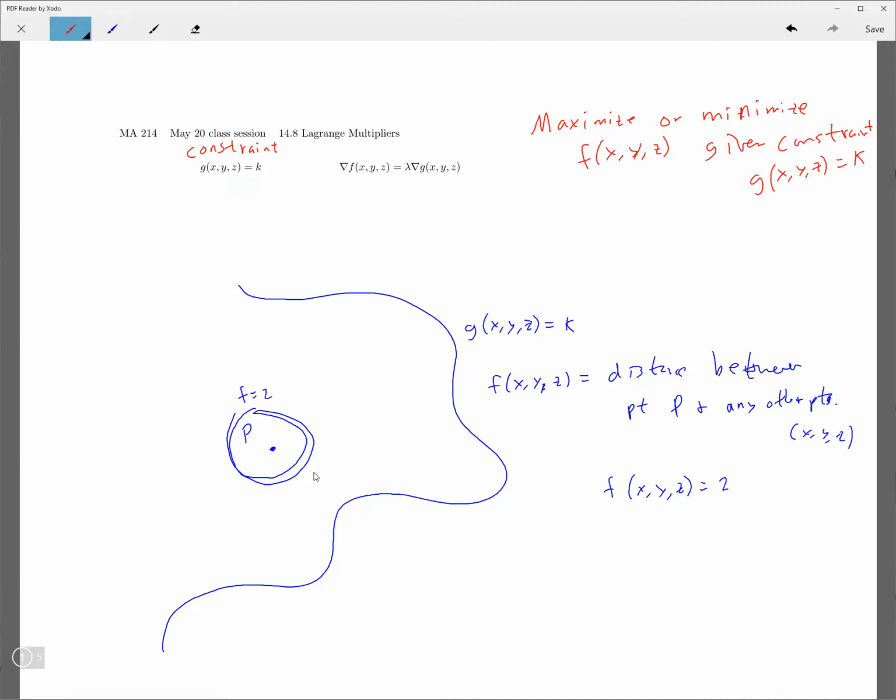And then if you set f equal to 3, it's going to give you another circle. Now if you keep expanding these circles until one touches this curve, it's going to happen right here. This is the closest point on the curve to this point.